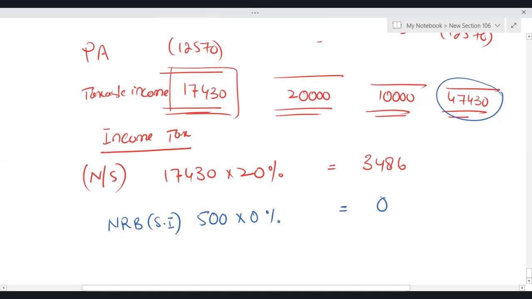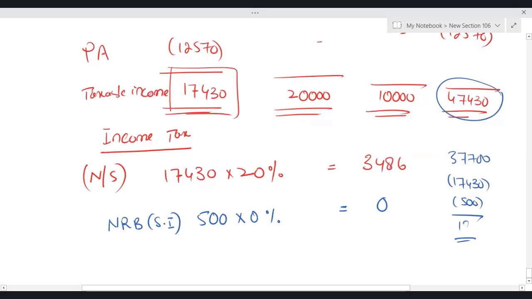Now let's see how much space we have in the basic rate band. The limit of the basic rate band is 37,700. Out of that, we have utilized 17,430. We have also utilized 500. Let's see how much is left: 37,700 minus 17,430 minus 500.